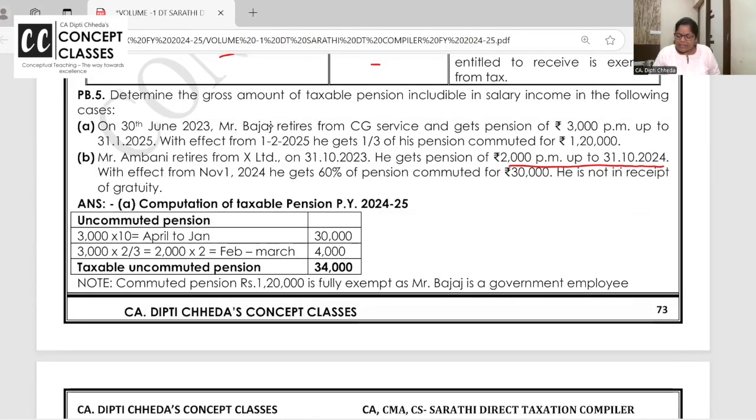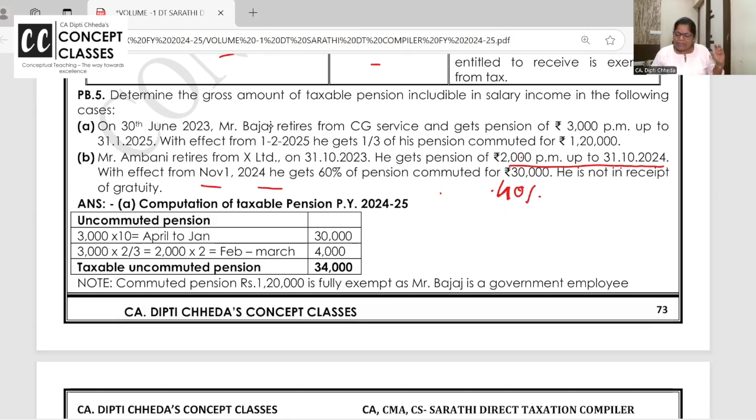Then he gets 60% of the pension commuted. 2,000 ka 60% of the pension commuted. When did he get it commuted? 1st November. But still 40% is received per month.